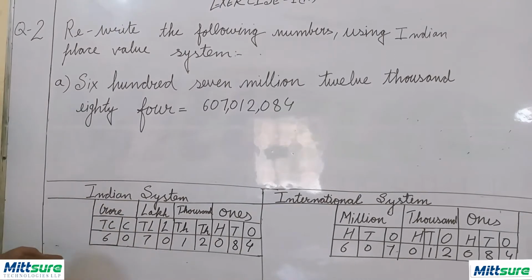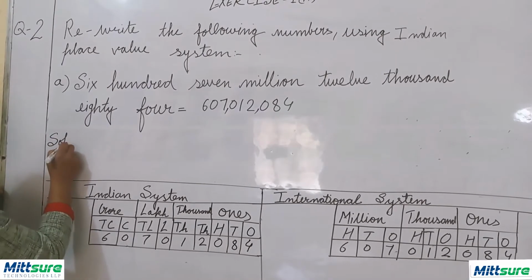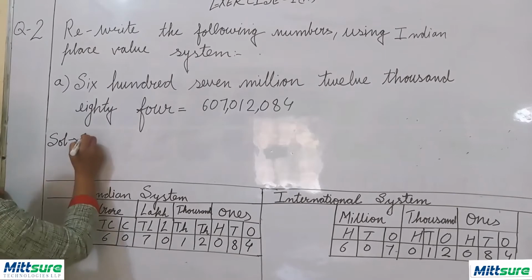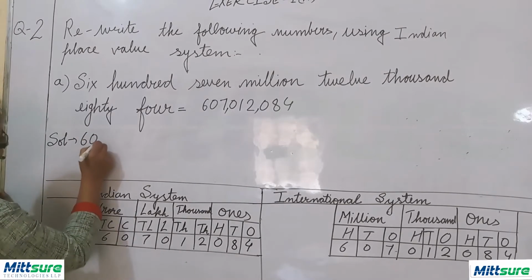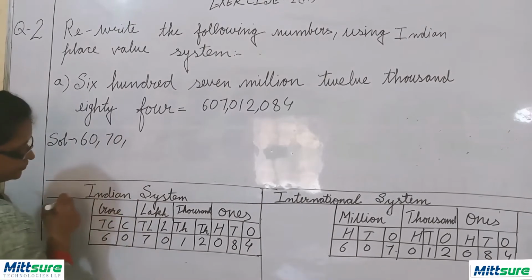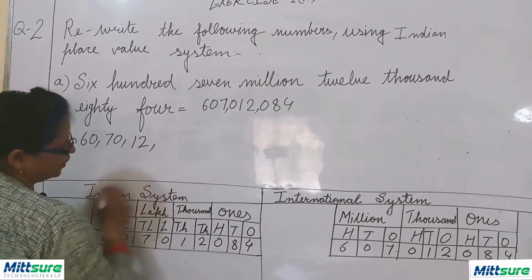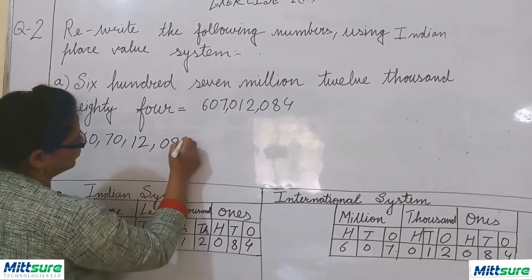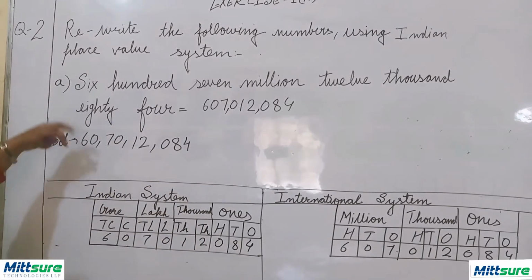Now this number, the solution is, this is 60 crore 70 lakh 12,000 and 84.